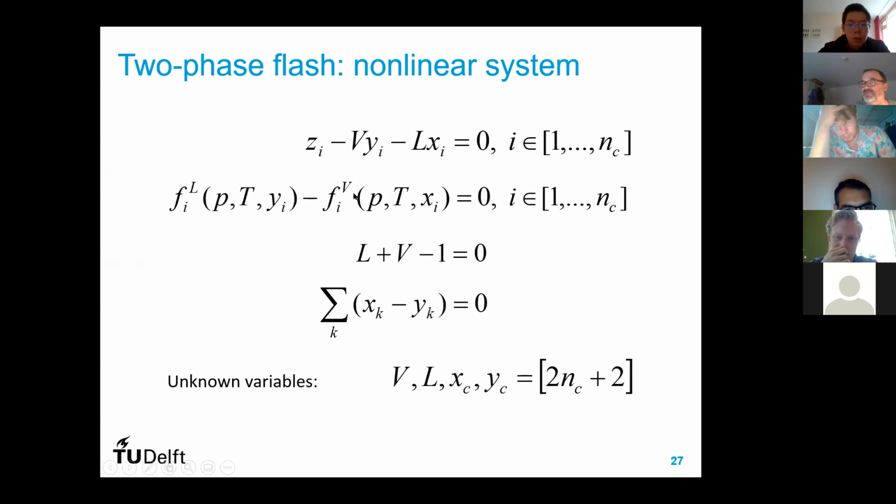You either say the fugacity in the liquid and vapor phase are equal to each other, or the chemical equilibrium in liquid and vapor phase for each component is equal. So this is the only difference compared to the previous case when you have K value as a function of pressure and temperature. And we will take a look at it next time.